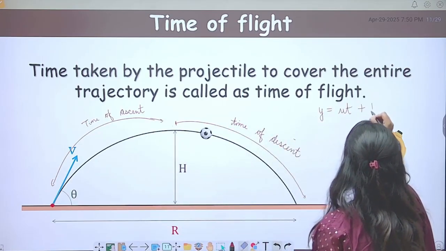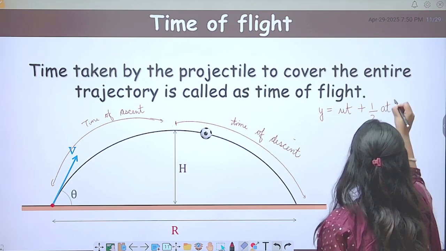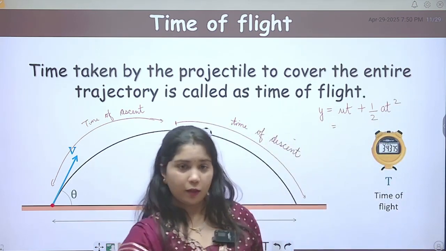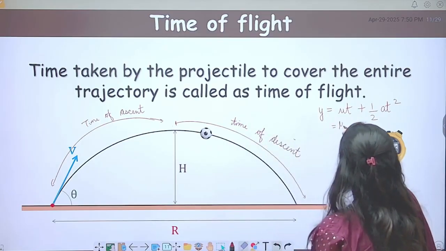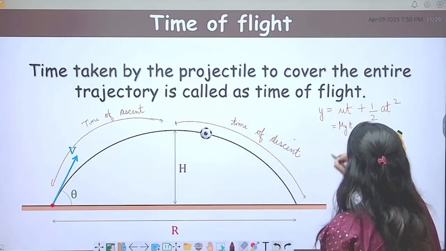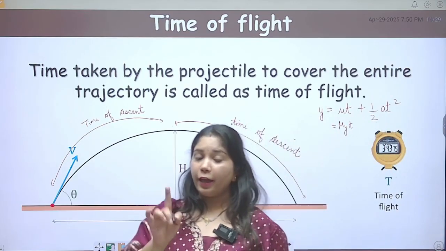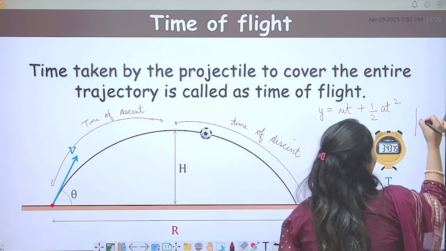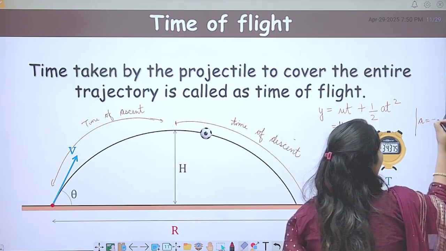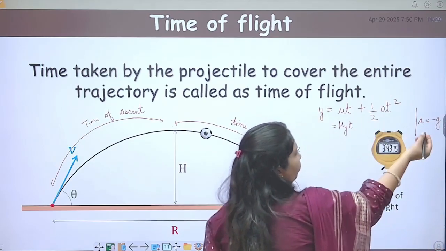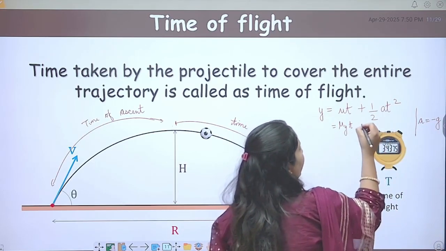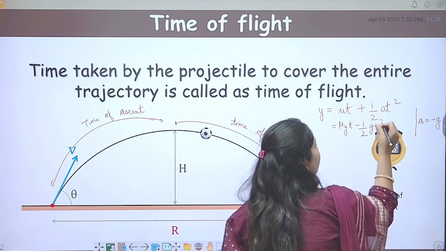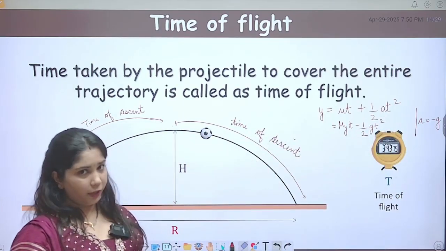Now we are talking for the y component, so it is equal to uy times t. Again a equals minus g. I told you that for y direction a is equal to minus g. So putting a equals minus g, what I will get? Minus half of gt square. I hope it is clear.